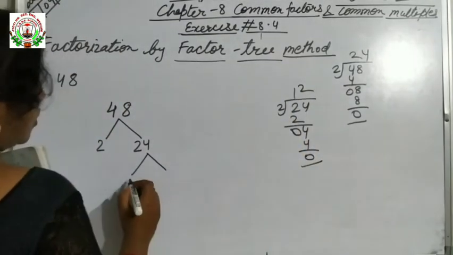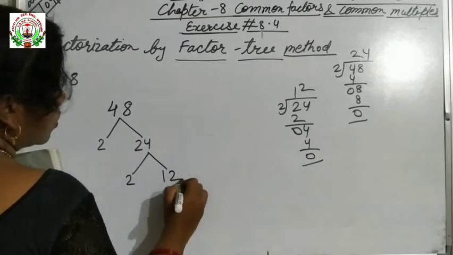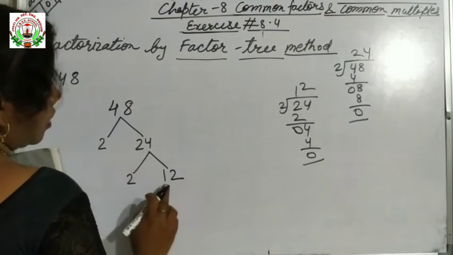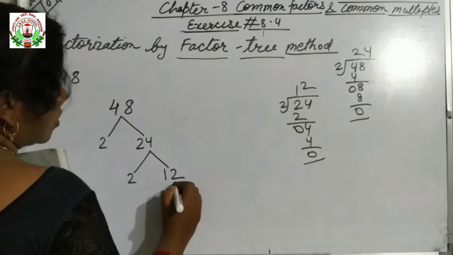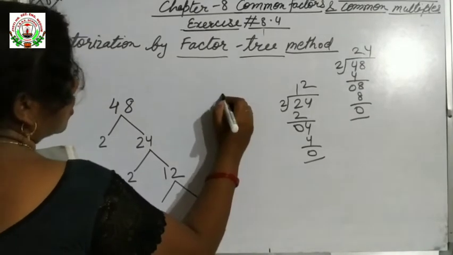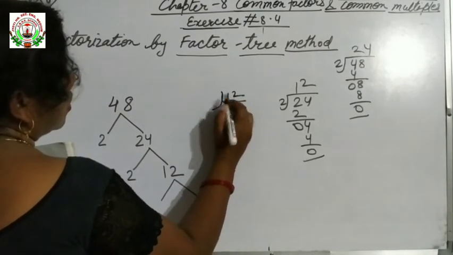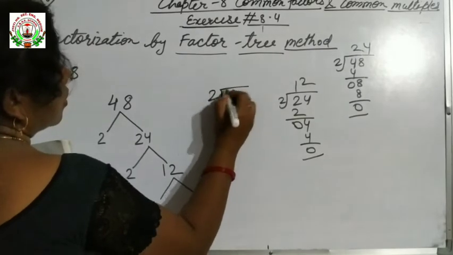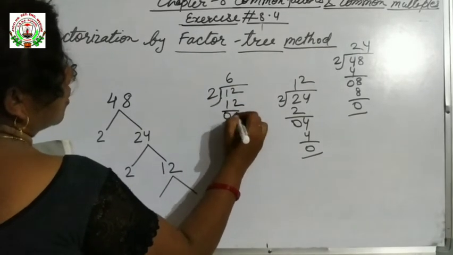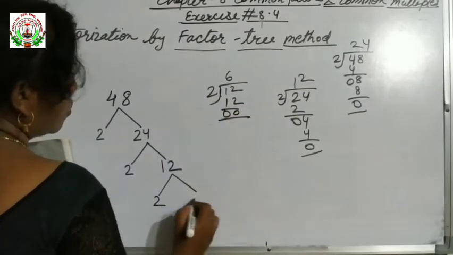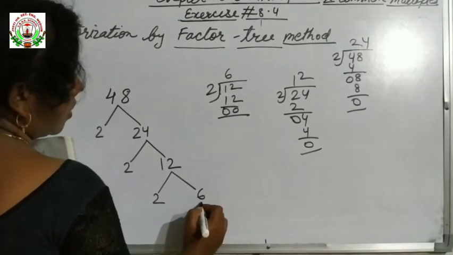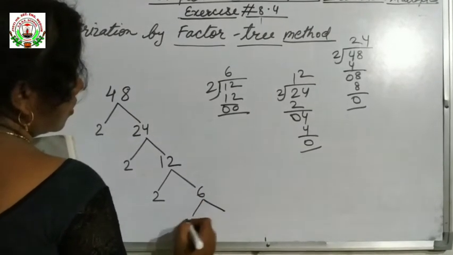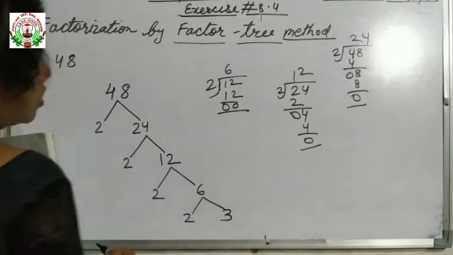So 12. So 2 into 12 we will get 24. Now again factorize 12. 2 sixes are 12. So here 2 and 6. When you factorize this 6, we will write 2 into 3. Understood?